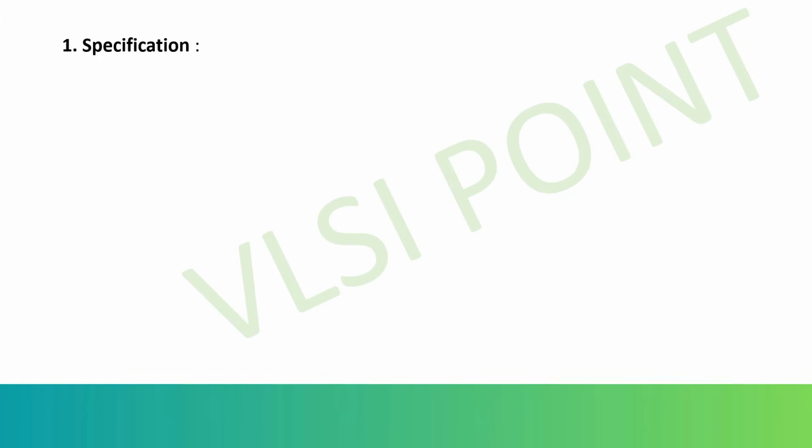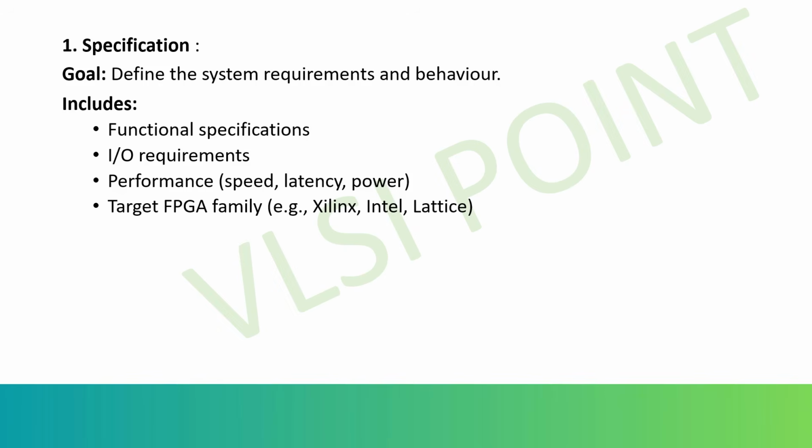So starting from the specification. Same as ASIC, the FPGA specification defines system behavior, then interfaces, performance goals, and choosing an FPGA family, that is Xilinx, Intel, or Lattice. So basically you have to define the functional specification, then the IO requirements, how it will perform, like the speed, latency, and power, and finally the family.